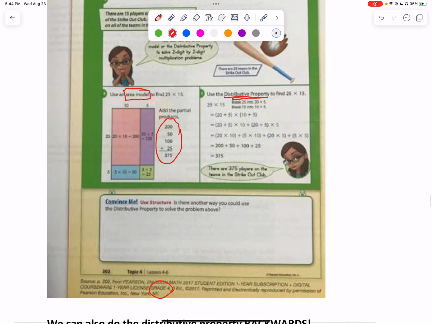Is there another way you could use the distributive property to solve that problem above? I want you to notice that all of these textbooks are very different than what you probably had growing up. When I was coming through, they didn't say, show me another way. They said, this is the way you do it.